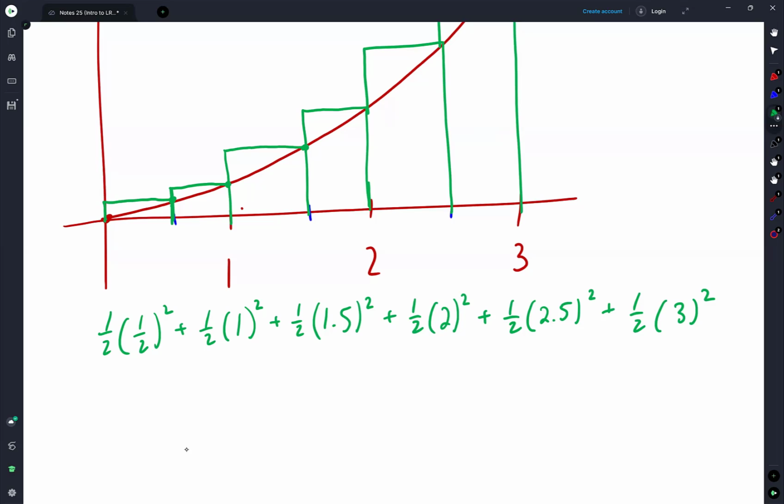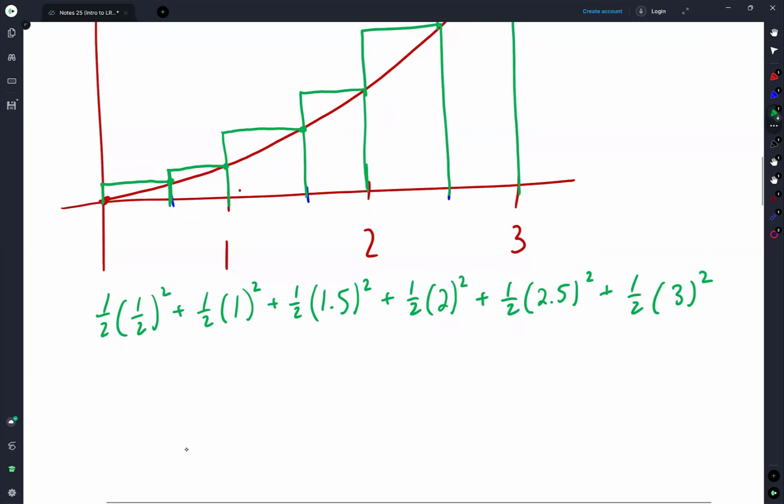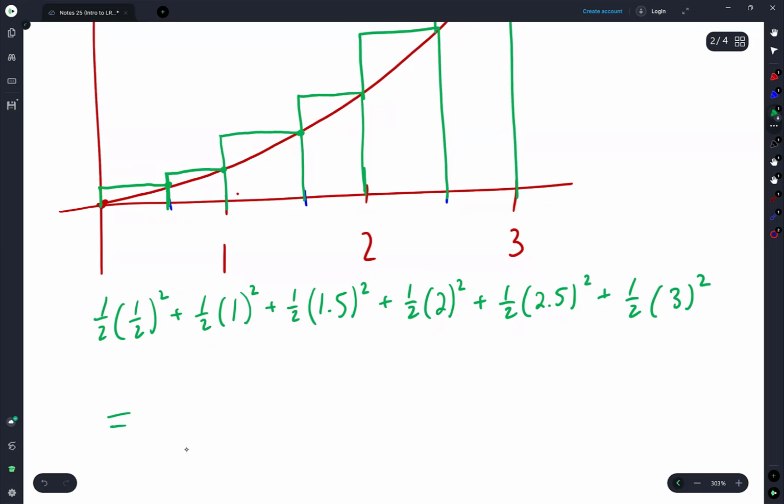It should be bigger than the last number. Three squared, 9. 11.375.